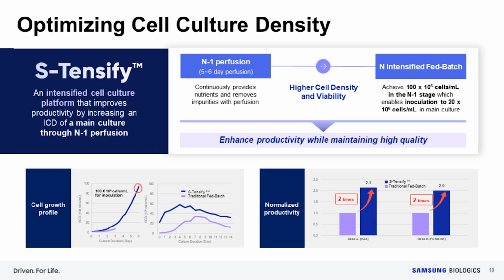What sets S-Tensify apart is its unique integration of an N-1 perfusion step, which allows us to achieve significantly higher cell density in the N-1 stage before transferring to the main culture. This results in a much higher initial cell density in the main culture, enabling exponential growth and increased productivity from the outset.